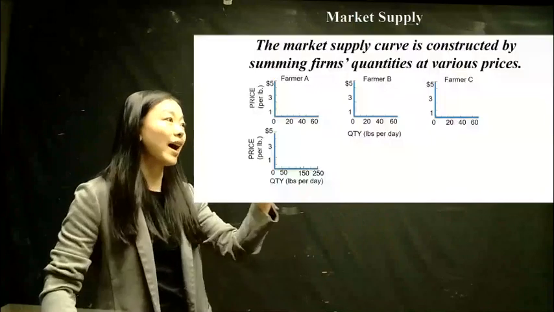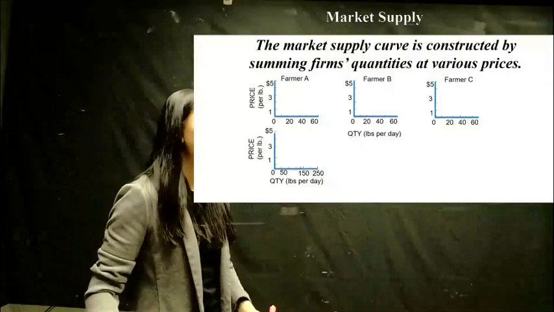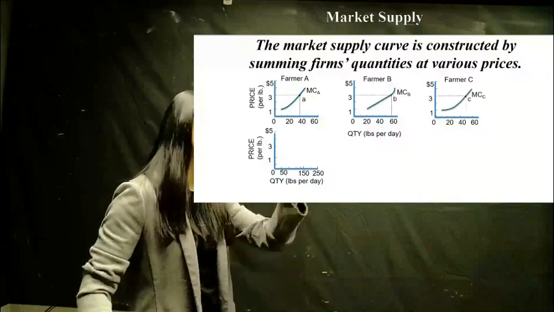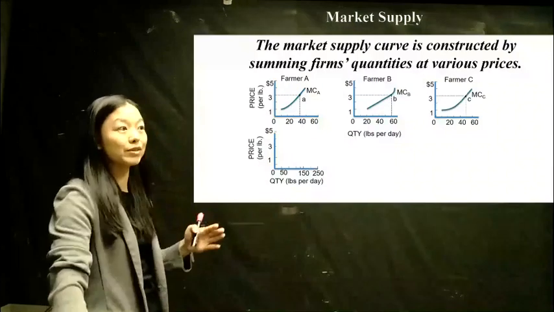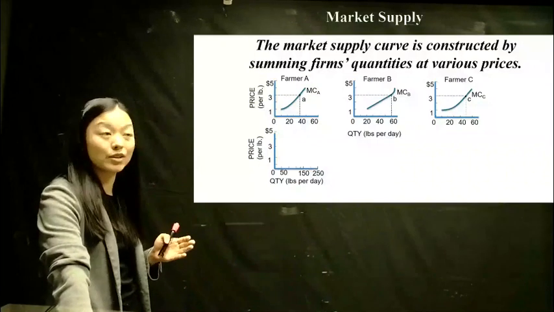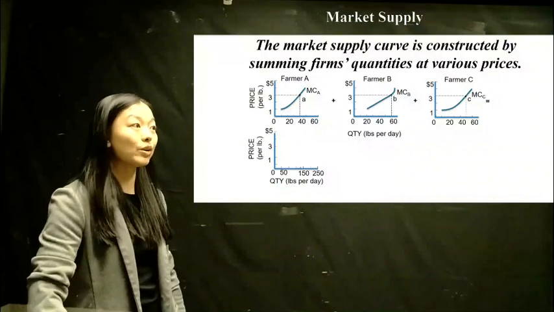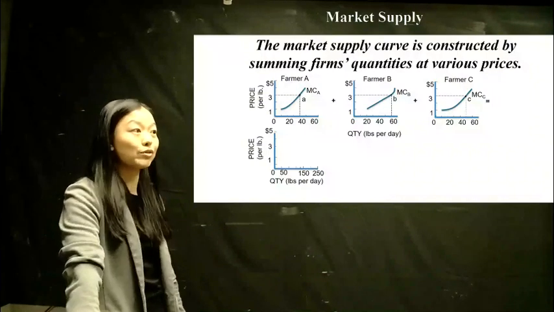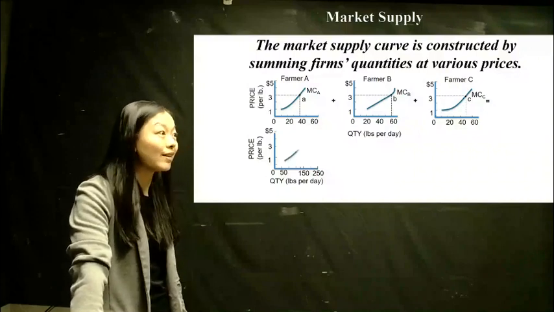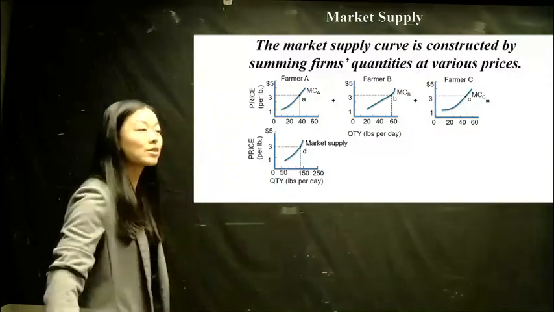So you can see here, for example, we have three firms, A, B, C. When the market price is at $3, those three firms have different marginal cost curves, and those marginal cost curves are also their short run supply curves. When the market price is at $3, the first firm would like to offer 40 units, the second firm would like to offer 60 units, and the third firm would like to offer maybe 50 units, right?